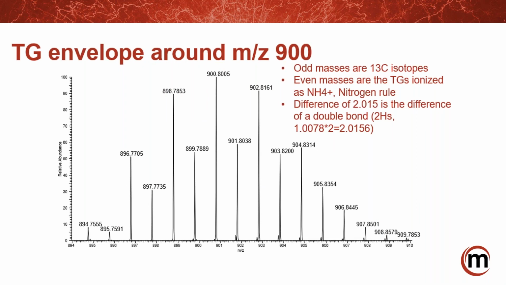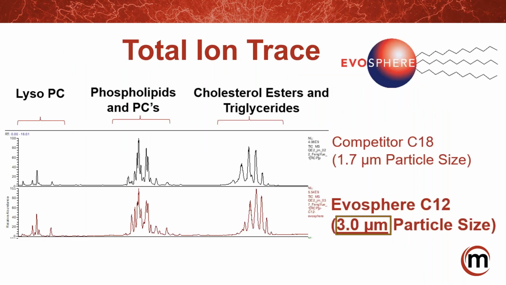Then you can see the TG envelope to make sure that the mass spec is working properly. This is a standard thing they do. What I'd like to focus on here is the total ion trace. So you have 5 sets of lipids that we're showing.